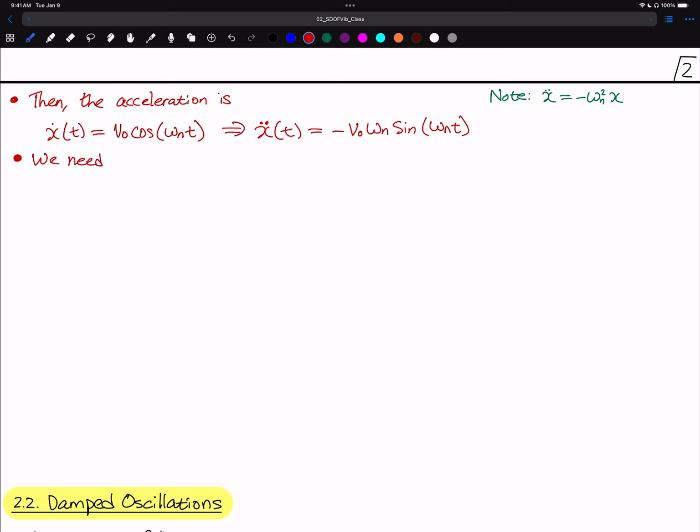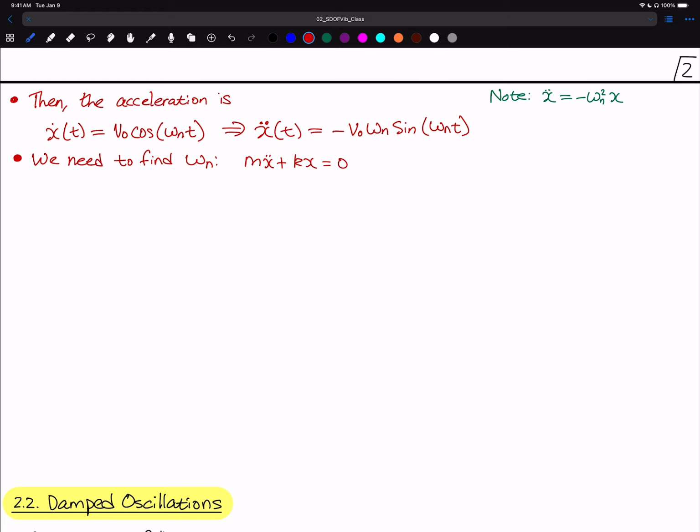We'll just say we need to find omega n, and as we saw previously, let's just write out an equation of motion, m x double dot plus k x equals 0. We need our equation of motion for that.